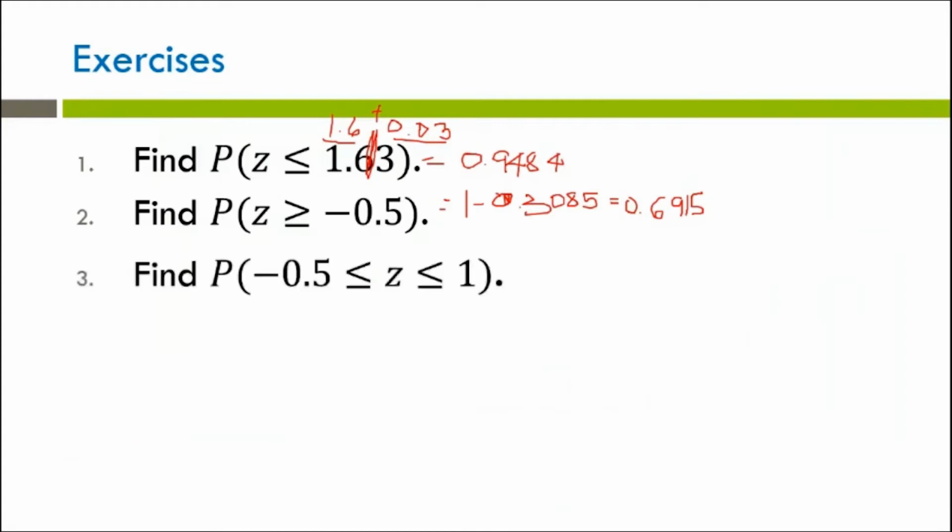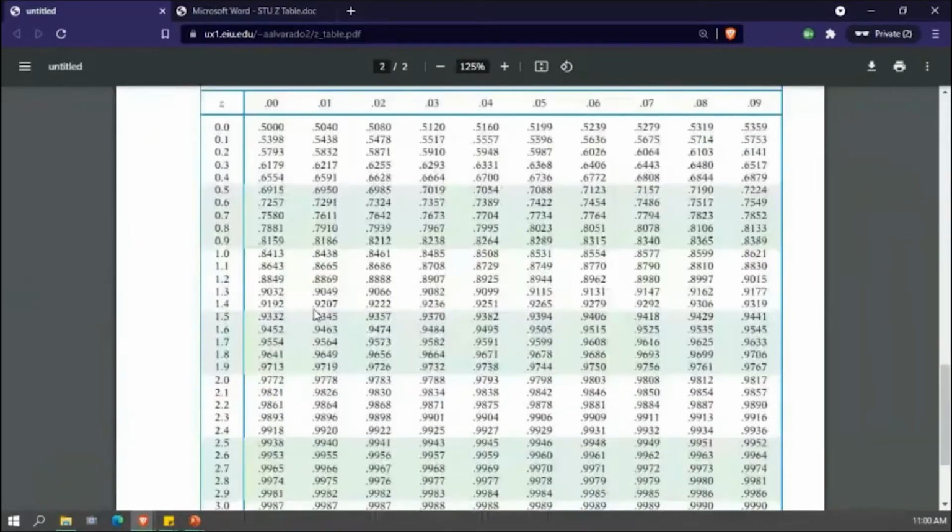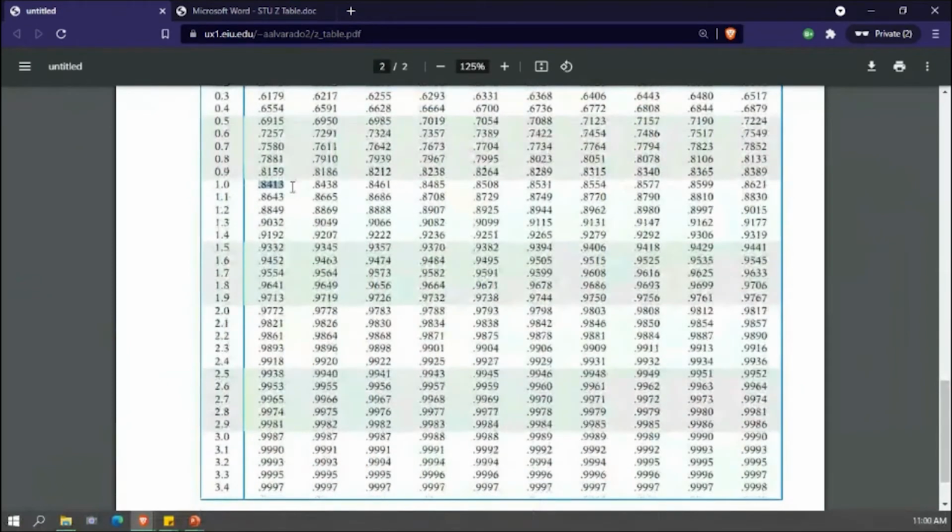Next, find the probability of a z value in between negative 0.5 and 1. Again, we'll just have to subtract. Since 1 is greater, we'll get the probability of z less than or equal to 1, subtracted by the probability of z less than or equal to negative 0.5. We already know what that is, which is here: the probability of negative 0.5 is 0.3085. So we'll just need to look for the probability of 1.00, positive 1.00. Here, that's 0.8413.